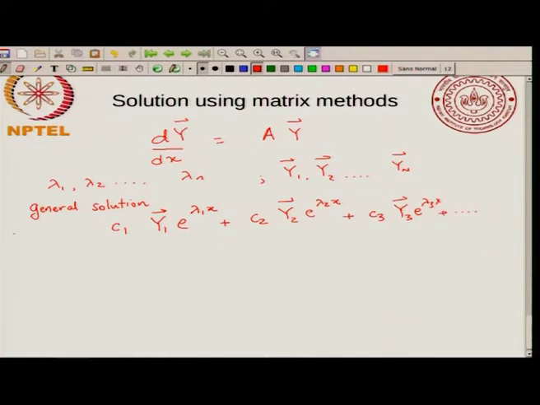So the general solution, I will just write y is equal to this, where c1, c2, up to cn are arbitrary constants, to be determined from boundary conditions.